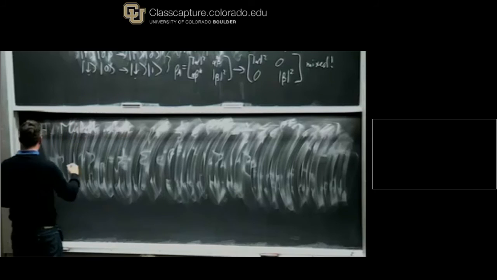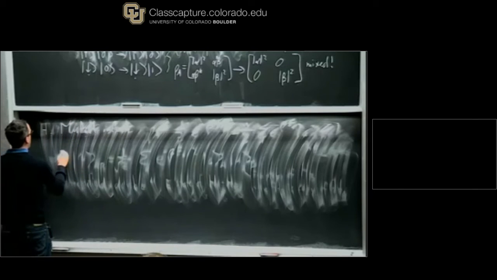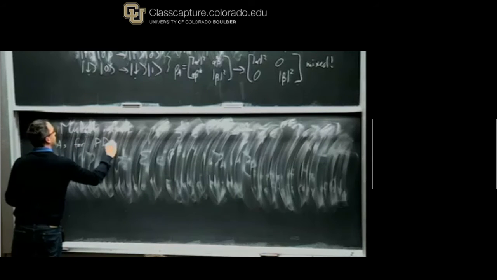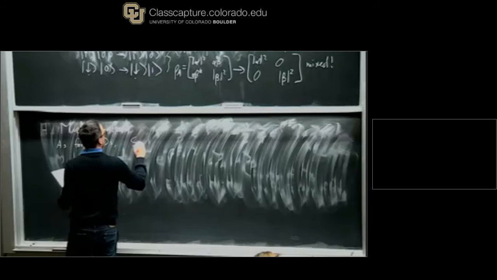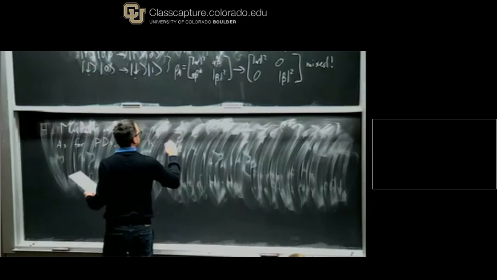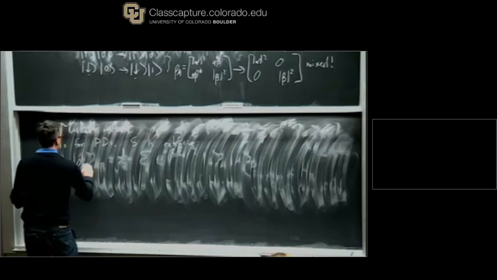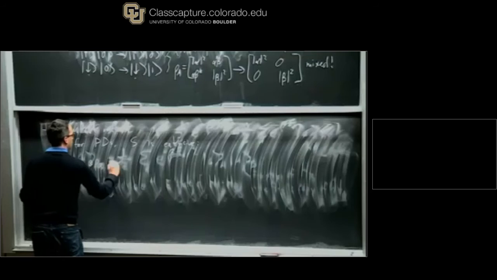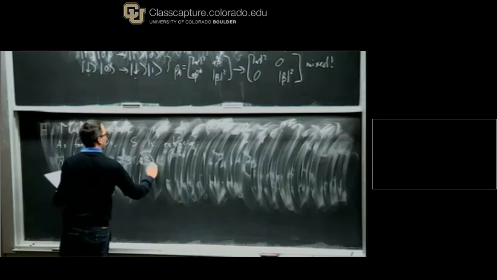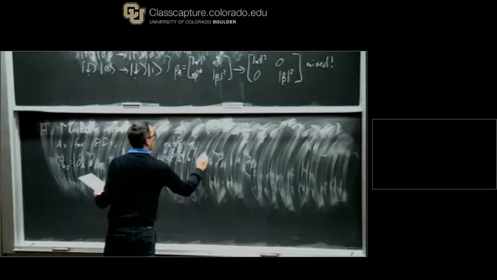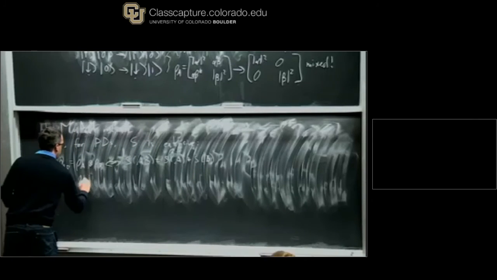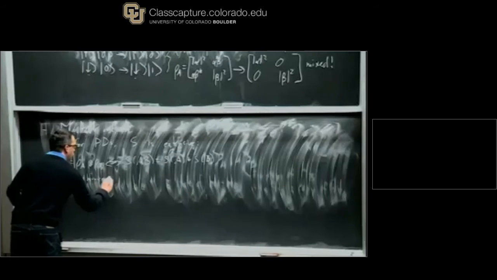About the mutual information, just as for classical probability distributions, you can show that the von Neumann entropy is extensive, which means that if rho AB is rho A times rho B, then S of AB is just the sum. And in fact, the other way around is true, and otherwise it's non-negative. Otherwise it's positive.